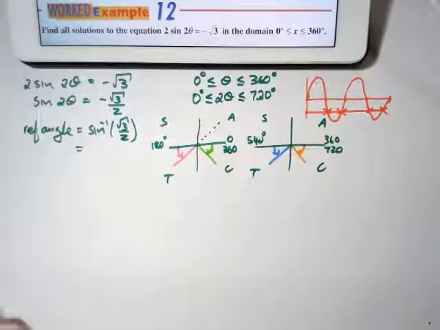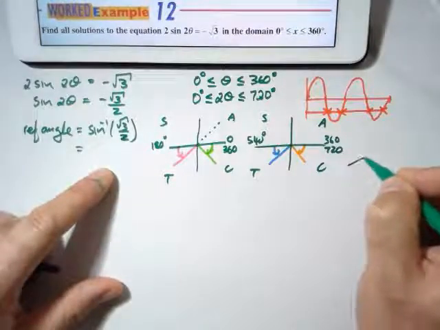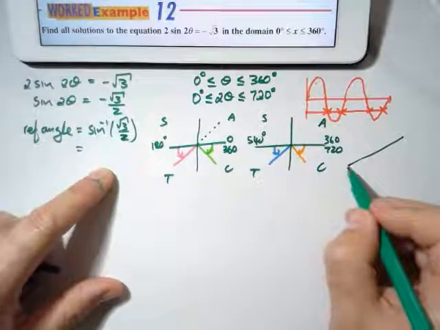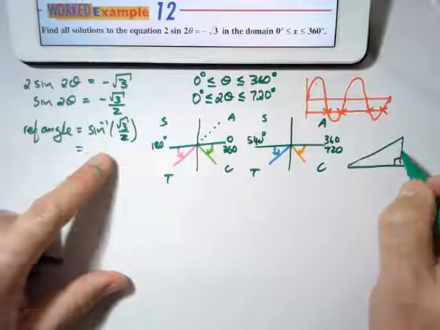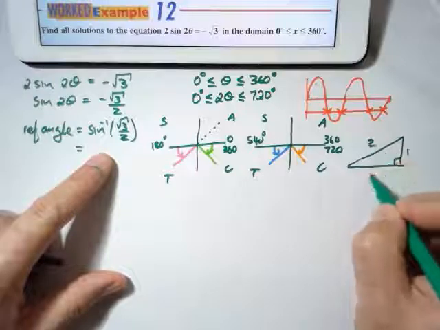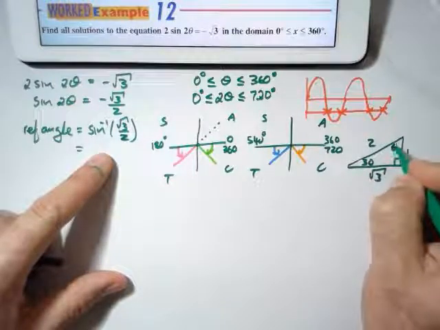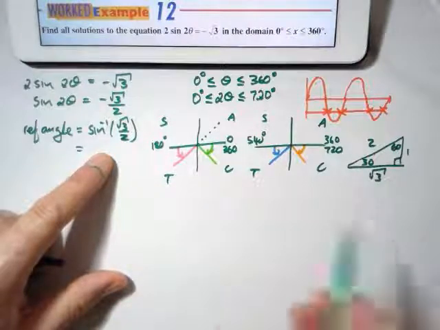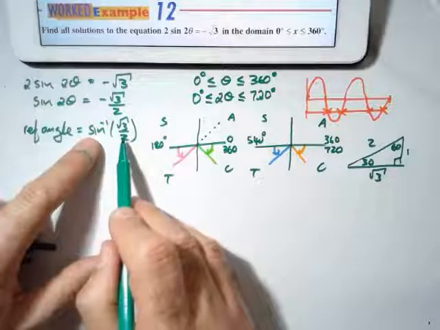Now, square root 3 over 2 is a special triangle. I'm going to draw that special triangle all the way over here. That is 90. That is 1, 2, square root 3. This is 30 degrees. This is 60 degrees. Now I'm going to say sine is opposite over hypotenuse.